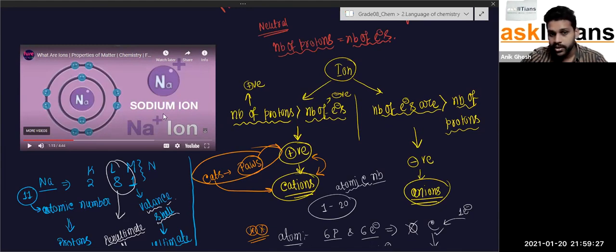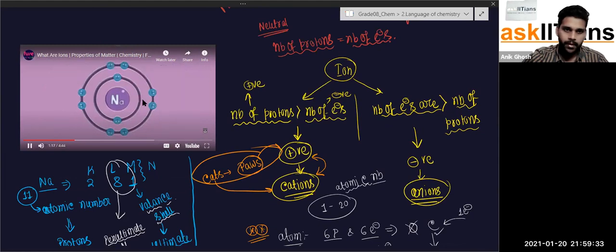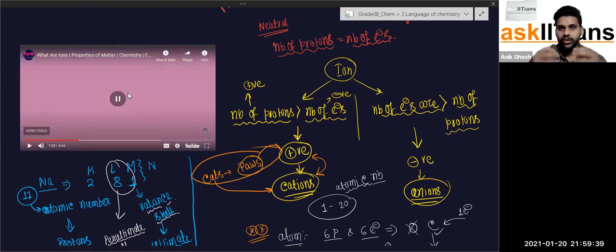And if it was negatively charged, we would write Na minus, correct? When you are drawing the electronic configuration, you enclose it in a square bracket and on the top of that, write plus or minus, whatever it is, right?